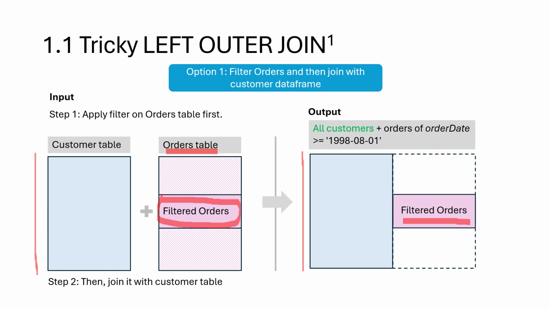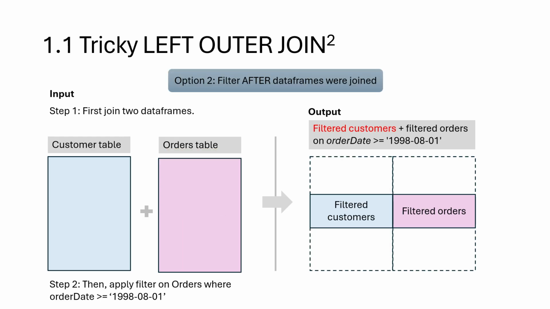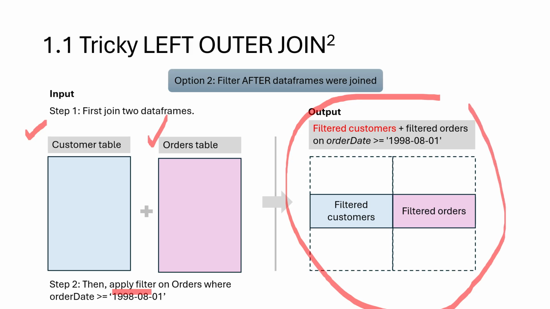Then what about option 2? In option 2, the first step is to join the 2 tables, customer table and orders table. Then apply the filter. The thing is that because we are applying the filter on the combined data set of customers and orders, the effect of the filter will be seen across both the tables.